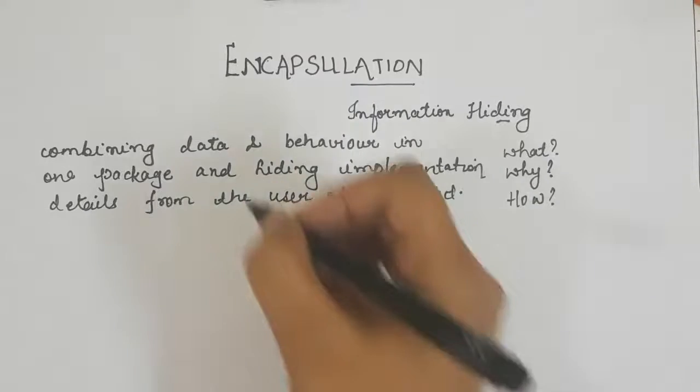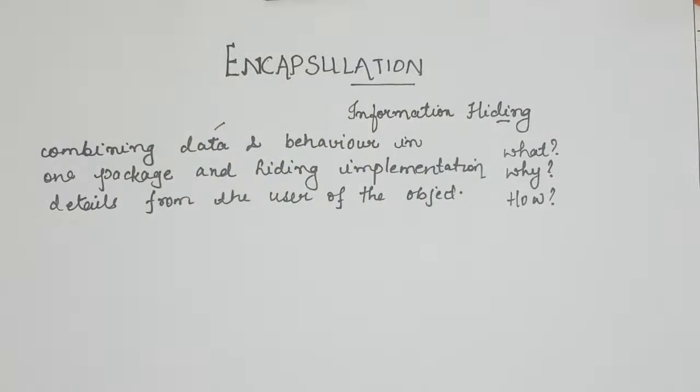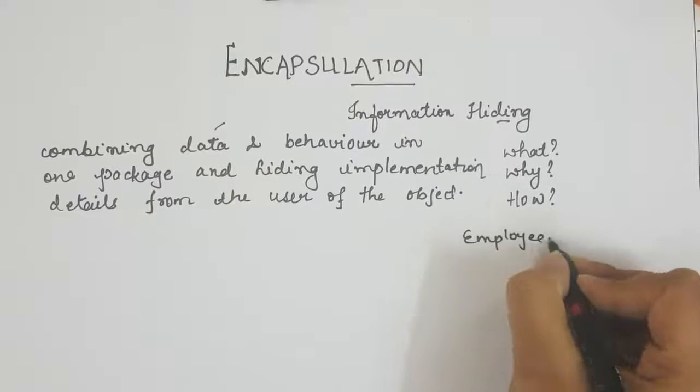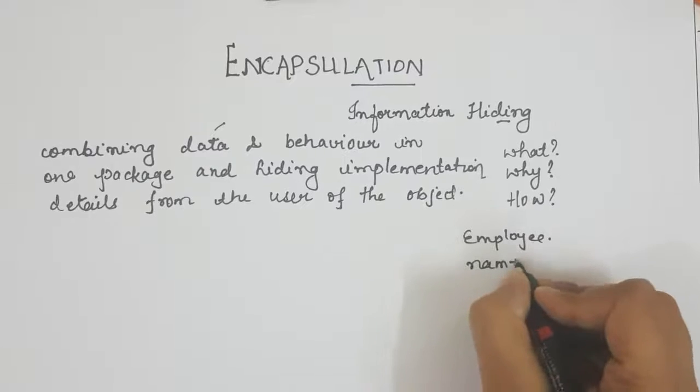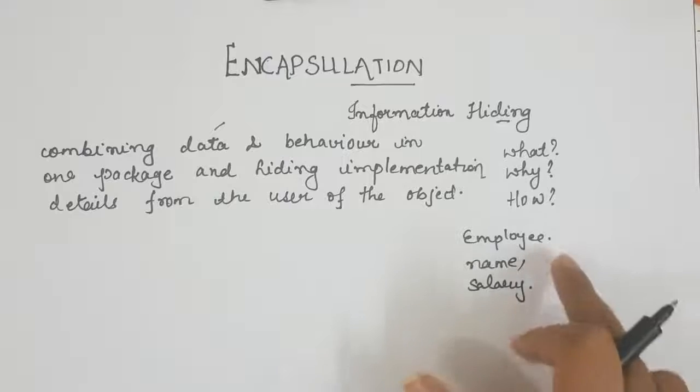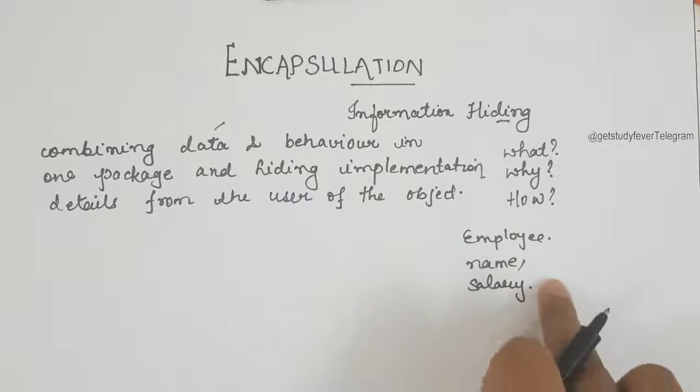In this case, data is the variables, the instance variables that we have for our object. For example, if we have an employee class, then the name of the employee and the salary of the employee are variables.